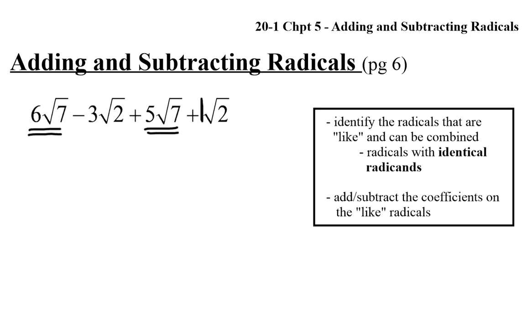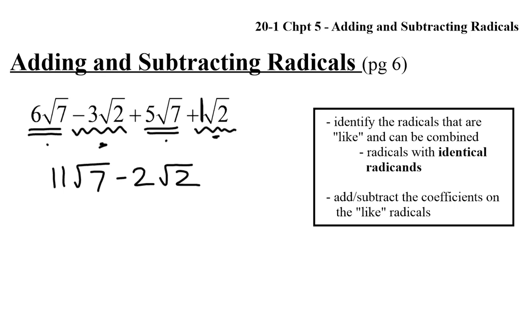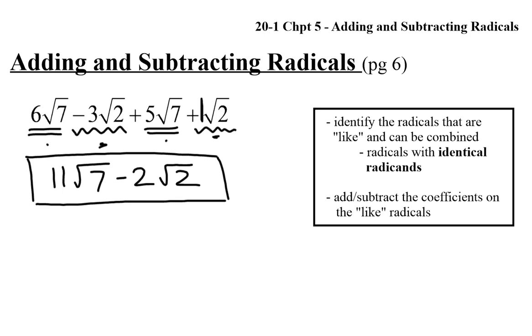Root 7s can go together, and root 2s can go together. 6 root 7s along with 5 root 7s means we have a total of 11 root 7s. Negative 3 root 2s and positive 1 root 2s means we have negative 2 root 2s. And there's adding and subtracting radicals.